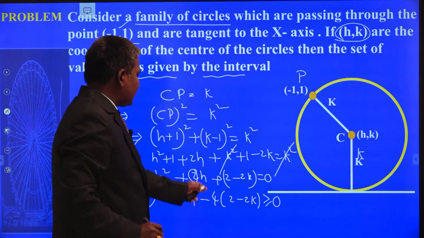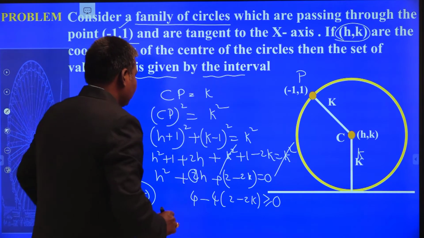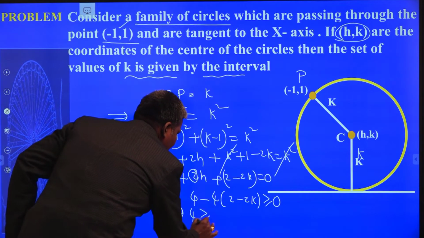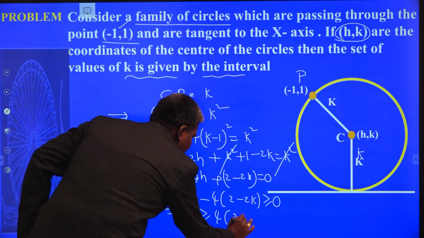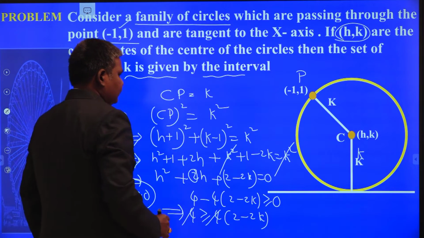So you have to understand why the discriminant is greater than or equal to 0. From that you can easily write 4 is greater than or equal to 4 times (2 minus 2k). 4 gets cancelled.